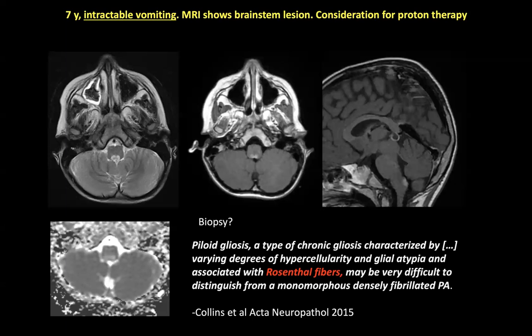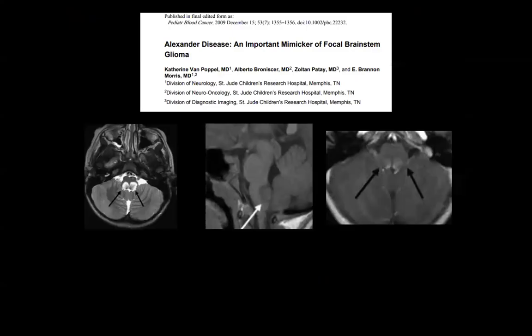But actually what you have to do is check GFAP, because this location is typical of juvenile Alexander disease.